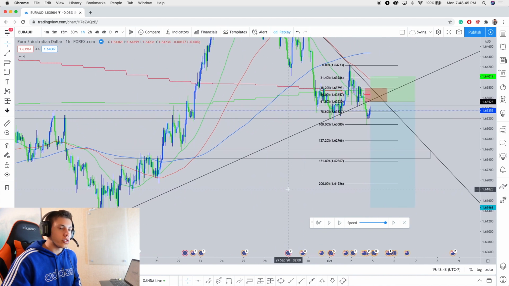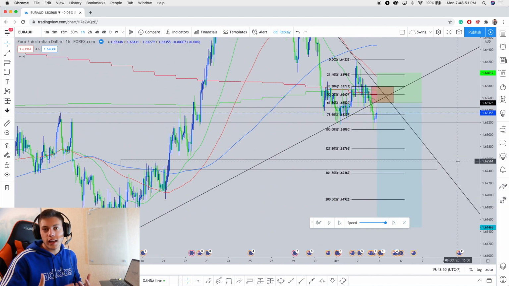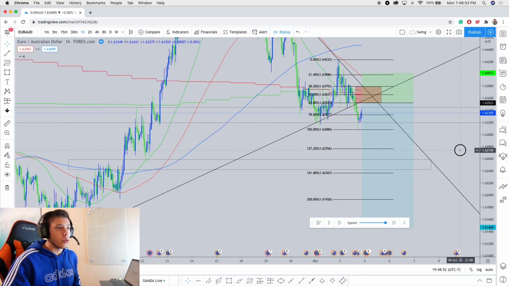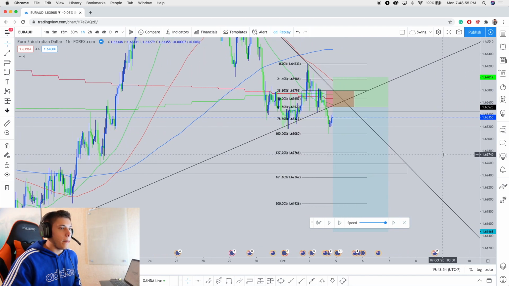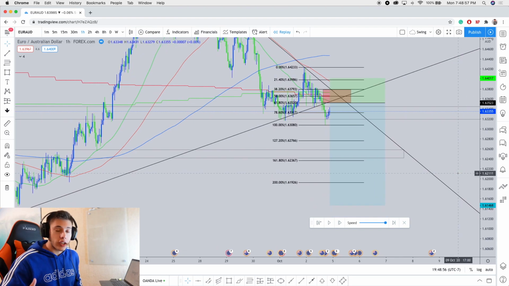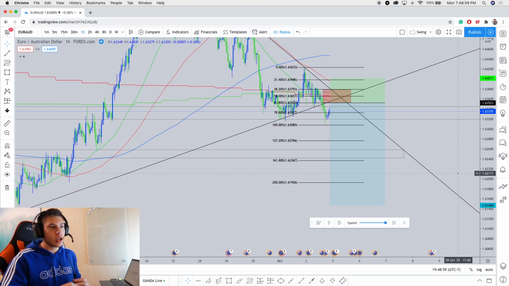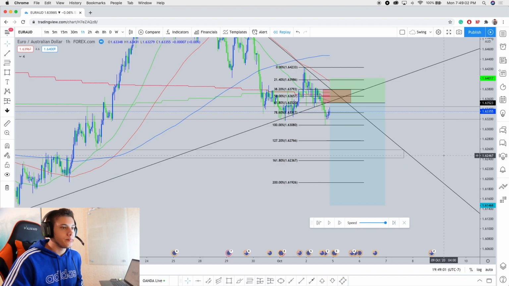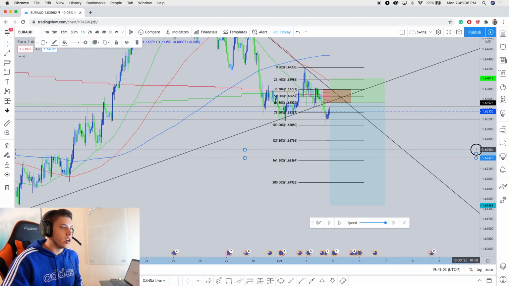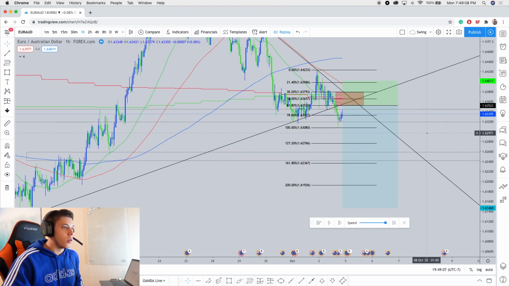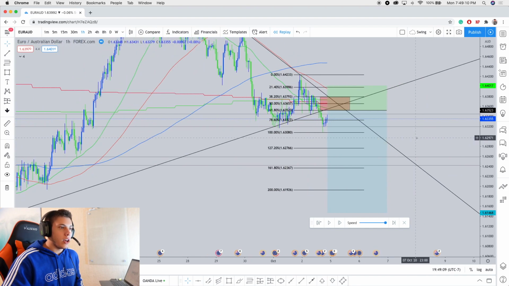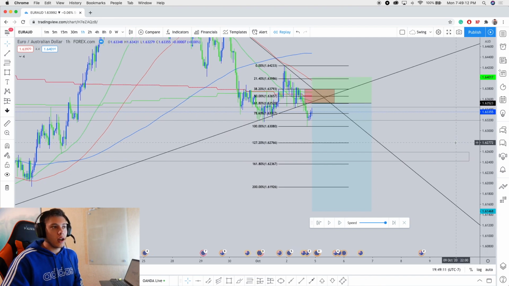Because you always want to hold your winners. Because if everything's lining up right and our idea is correct, and the market is moving our direction and everything is working, there's really no reason to close fully out of your trade. Taking partial profits is good, but yeah. So anyways, let's take a look at what happened next.